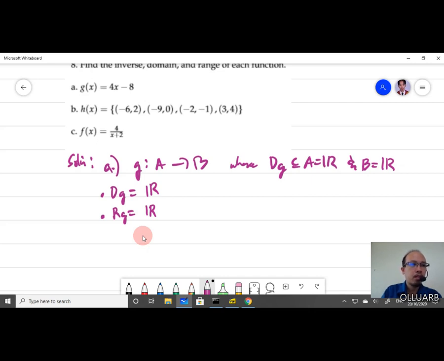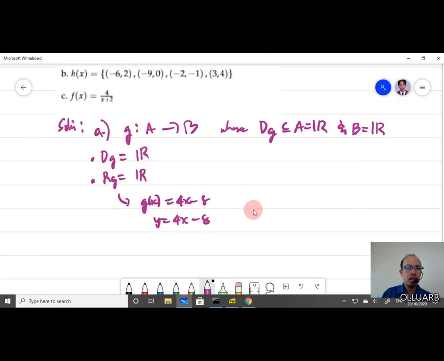So from here we have g of x is 4x minus 8, so y is equal to 4x minus 8, and then solve for x. So we have 4x is equal to y plus 8.